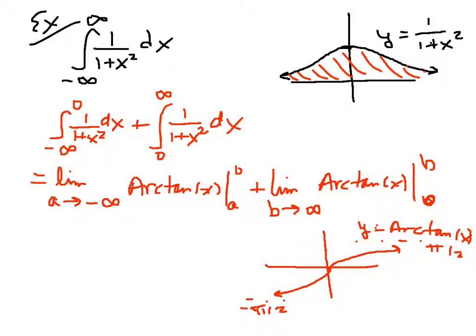And so what we get here, just let you figure it out a little bit, the arctan of 0 is 0. This should be a 0, right? Up there. So this is going to be pi over 2 plus pi over 2, and so this area is equal to pi.